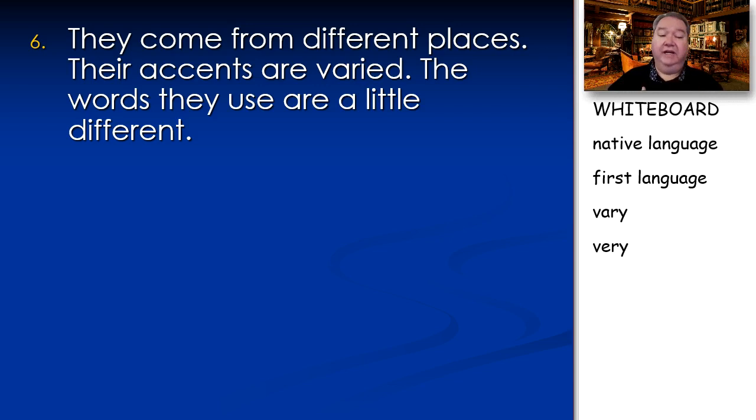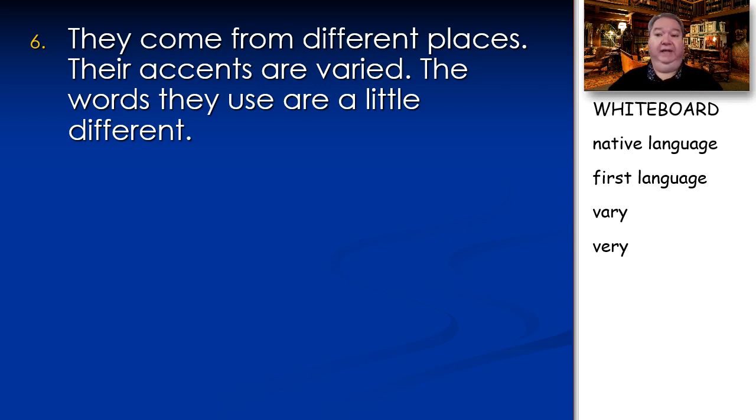Now, do we understand each other? Mostly, yes. But sometimes somebody from a different part of the country will use a word or an expression, and the rest of us are like, what? What's that mean? I've never heard that before. Because there are some definite regional differences.